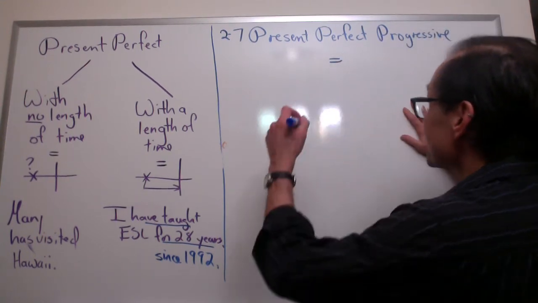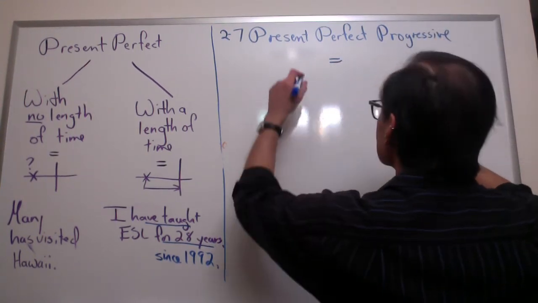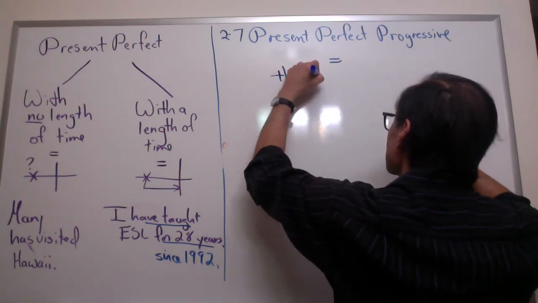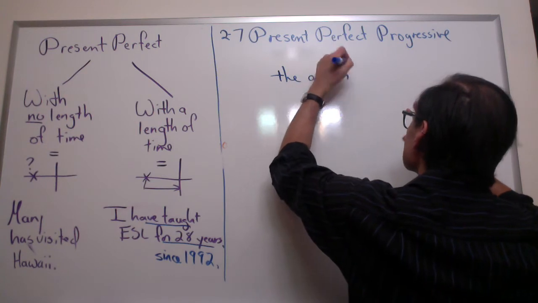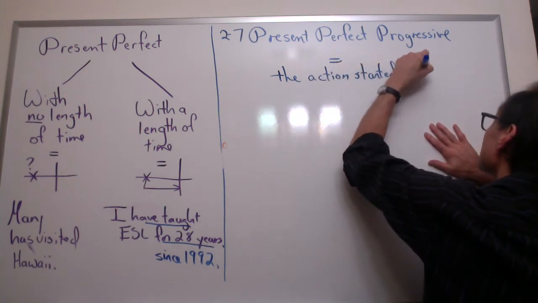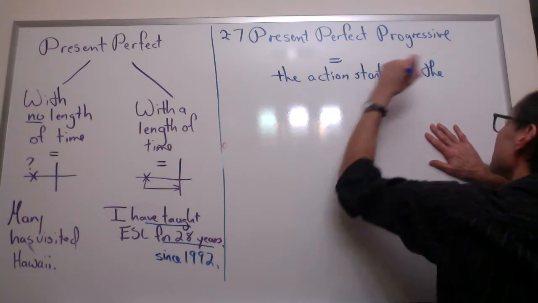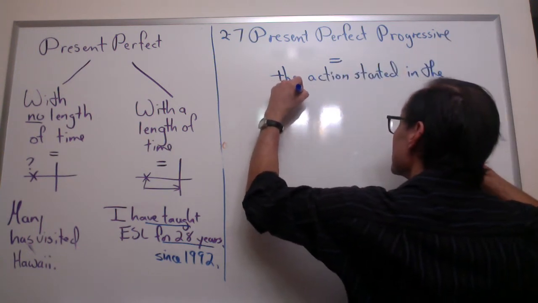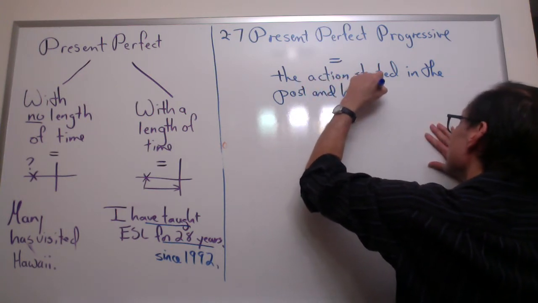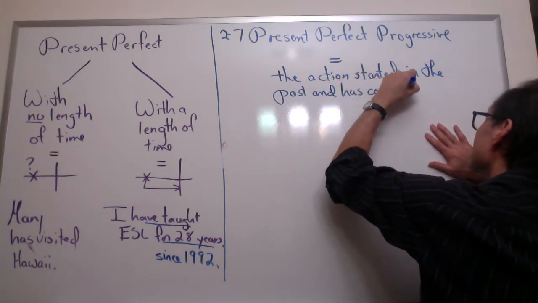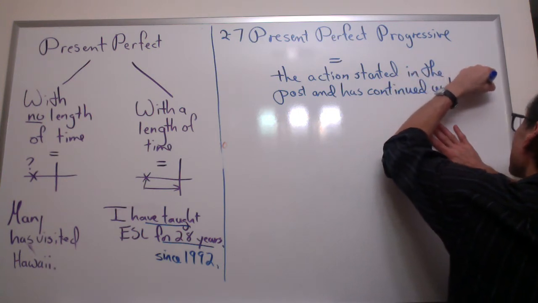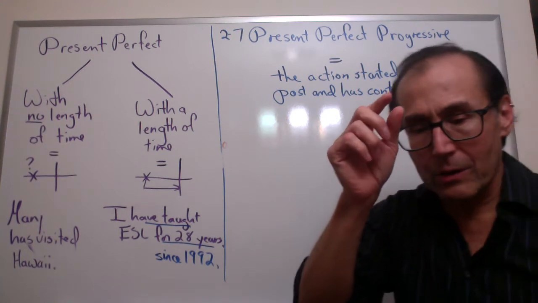So, present perfect progressive always means this. It means the action started in the past and has continued until now. Or sometimes it's almost now.